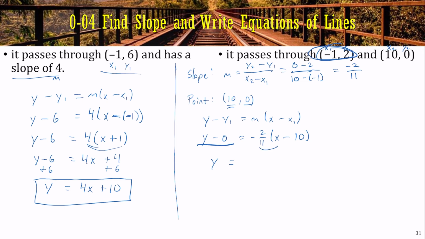Then we just distribute. Negative 2/11 x plus, if you multiply a fraction times a whole number, put it over 1 and multiply across, that'd be positive 2 times 10 over 11 times 1. And there's the equation of your line.